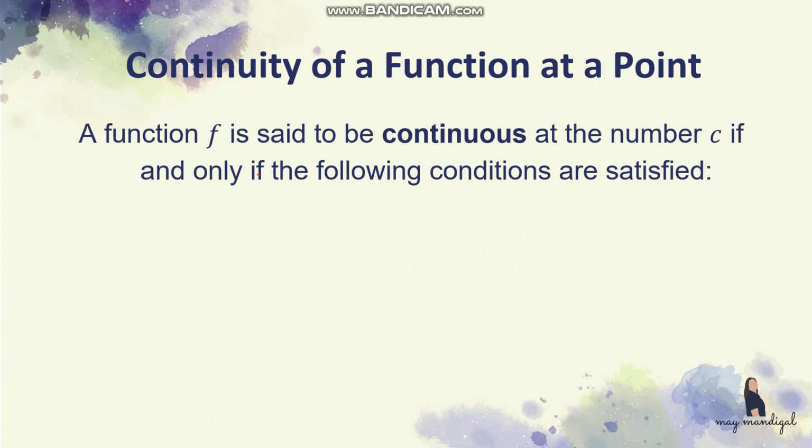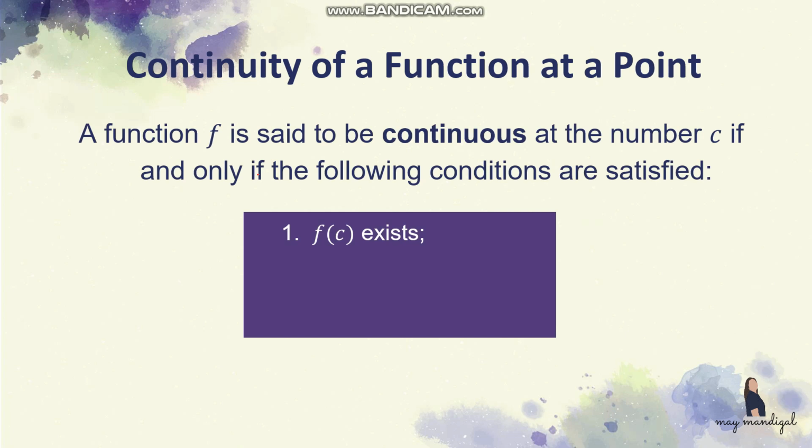So in order for us to determine this, the following conditions must be satisfied. First, f of c exists. That is the first thing that should be considered. f of c exists, meaning if you substitute c into our function, we're able to get a particular value. Next, the limit of f of x as x approaches c exists as well.